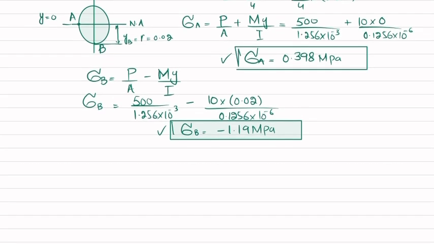Now we will represent them on differential element. So if we take the element A like this, so sigma A is positive, so it means that this will be the normal stress. Sigma A will be equal to 0.398 megapascal. Now for point B, if you draw the stress element at portion B, so you can see this is minus, compressive.